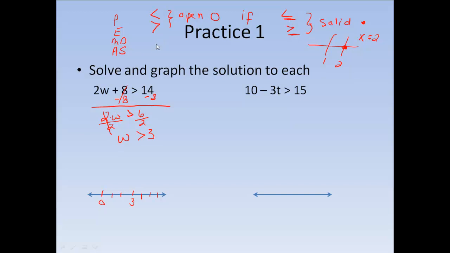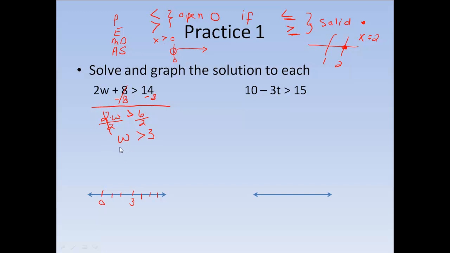Now up here, if you were to graph x is greater than 0, that's indicating that you can have everything bigger than 0, but you can't actually have 0 itself. So it would have an open circle to indicate that we can get as close to this 0 as we want, but I can't actually have that 0. So make sure you're very, very aware as to whether you have an open circle or a closed circle.